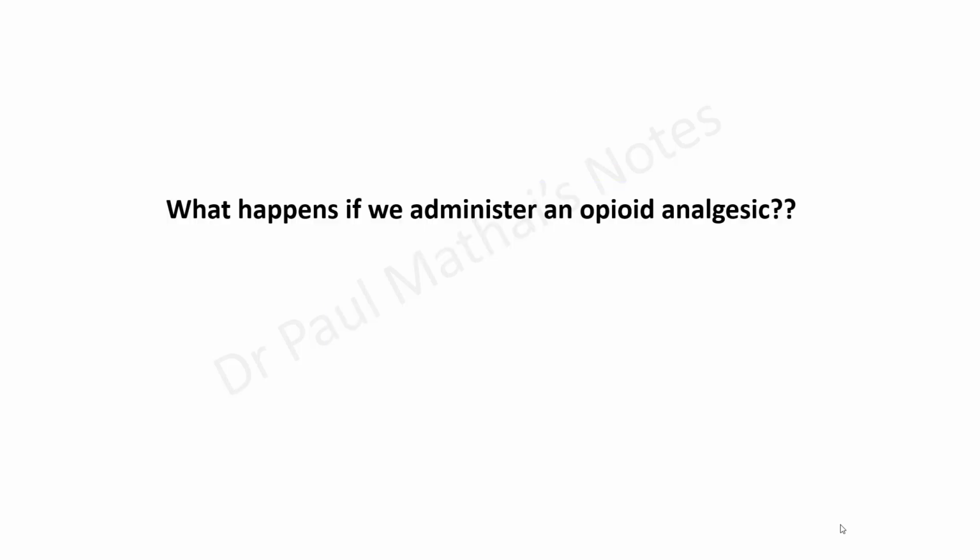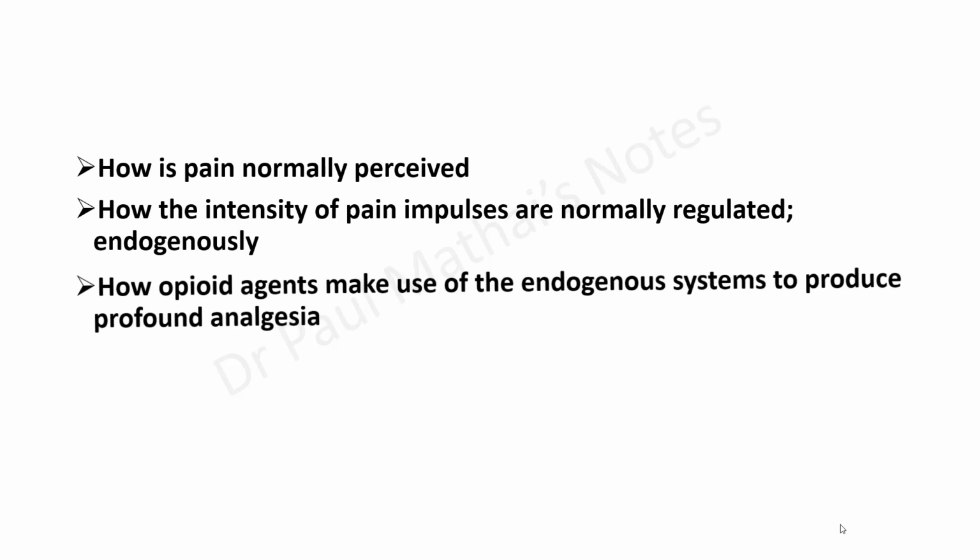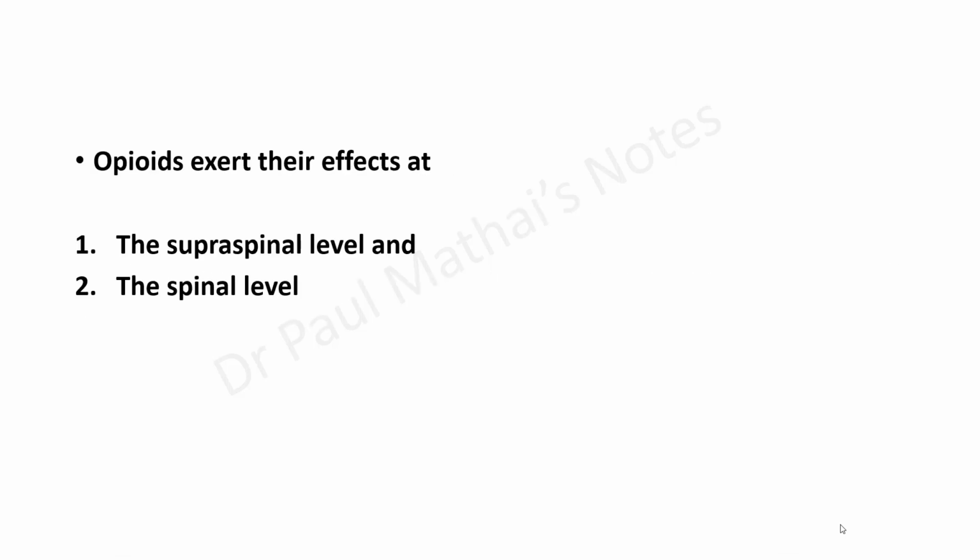Okay, so what happens if we administer an opioid analgesic? What happens when we administer an exogenous opioid analgesic? Right. So when we pharmacologically administer an opioid, this drug will exert its effects both at the supraspinal level and the spinal level.